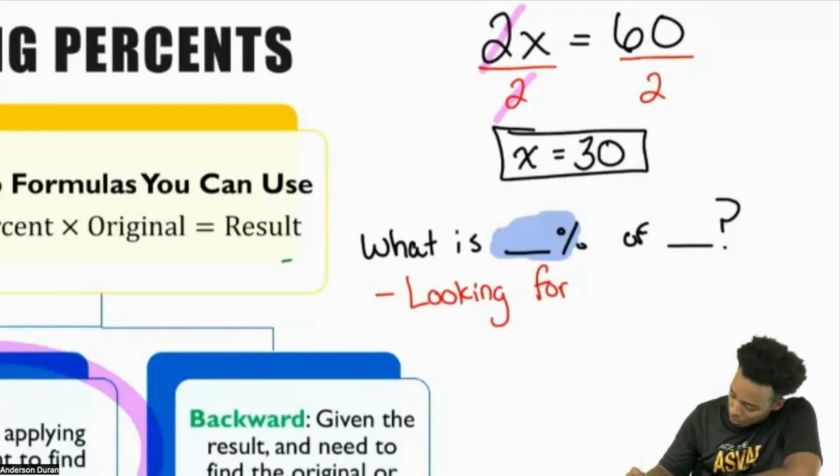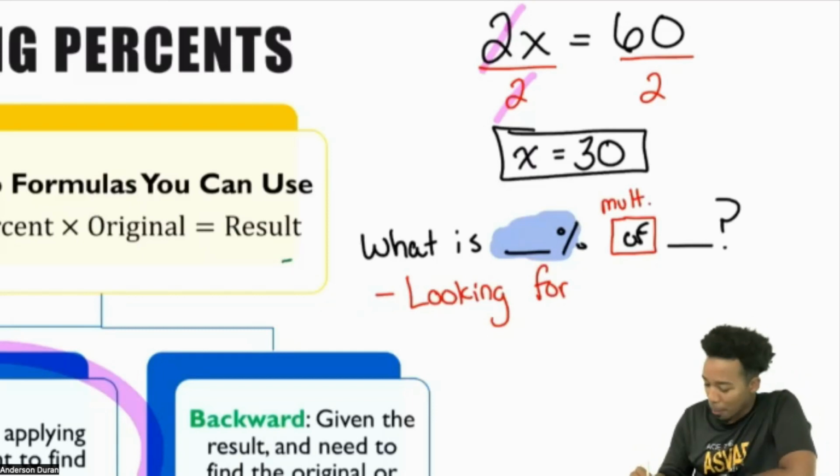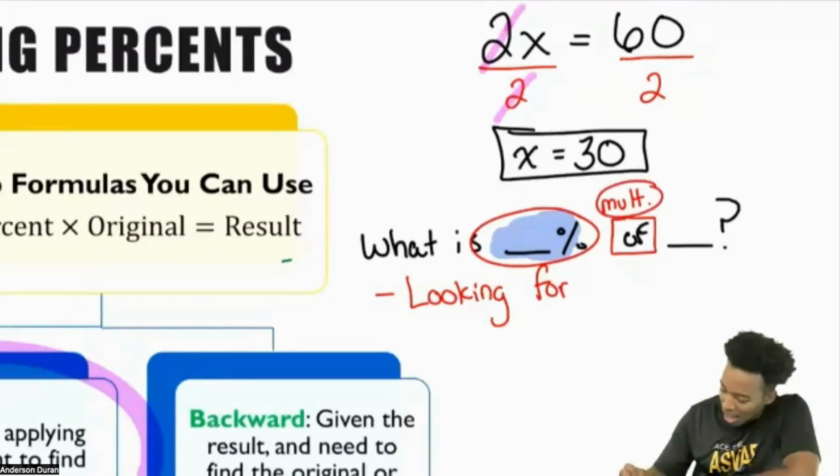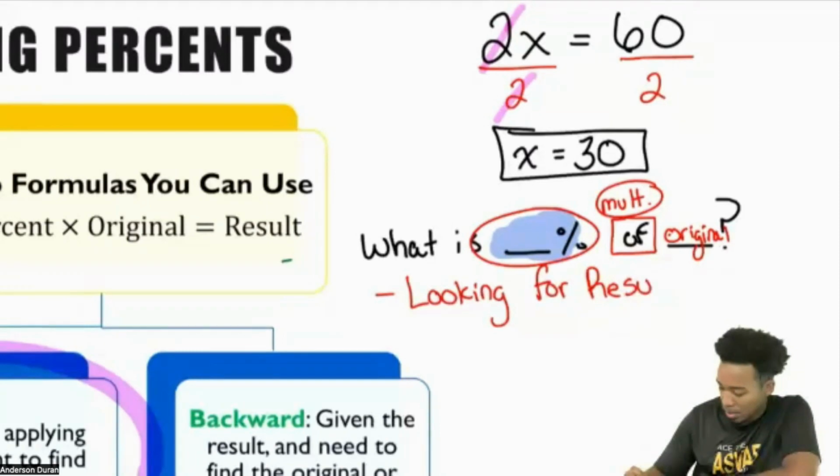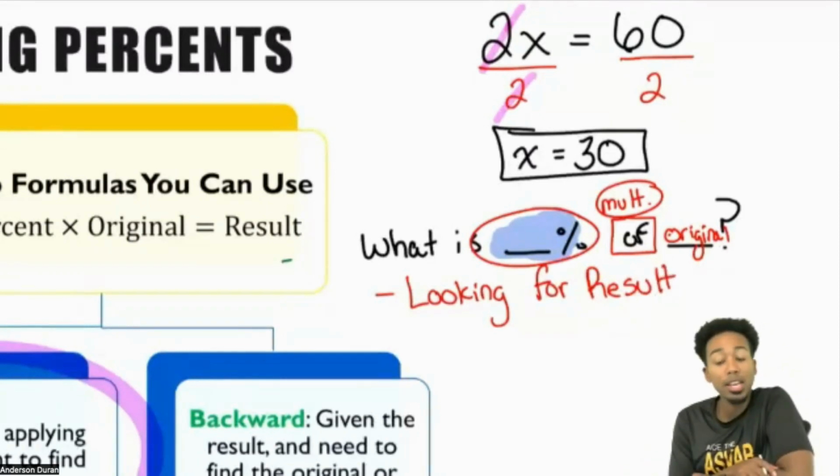So if you're taking a look right here, that's multiplication. And everybody, what do we know? The percent multiplies with the original to give you the result. And that's how you know.